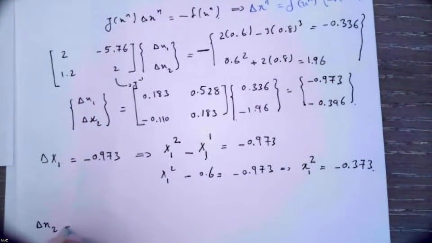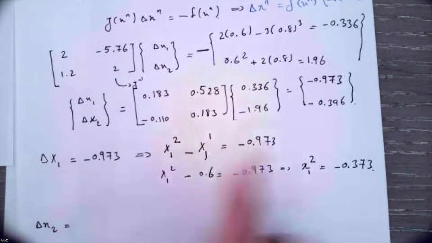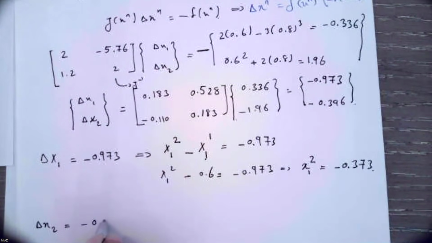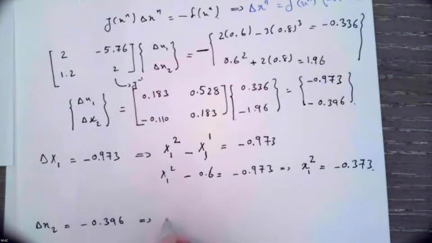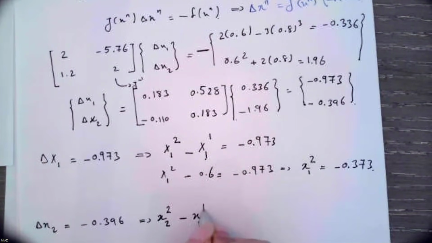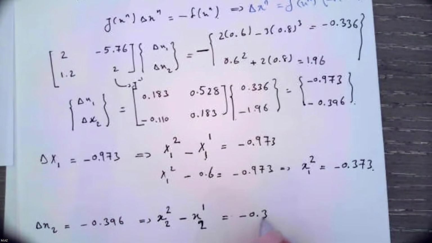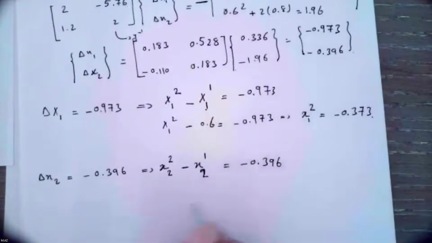Delta x2 equals negative 0.396, meaning x2 for the second iteration minus x2 for the first iteration equals negative 0.396.